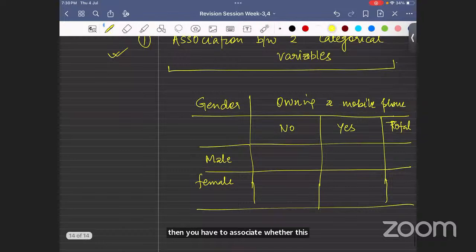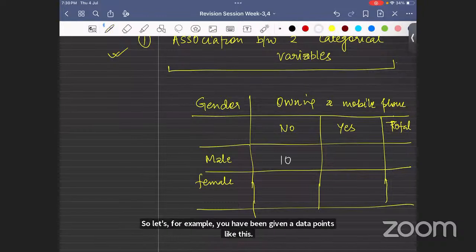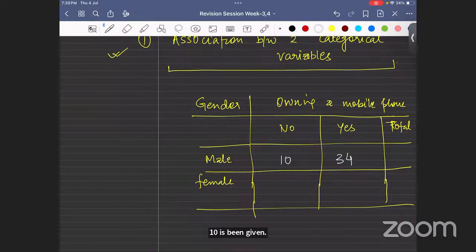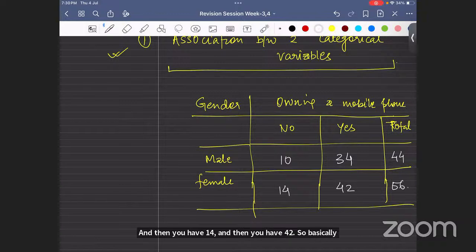Let's say you have been given data points like this. Here 10 is given, 34, and then you have 14, and then you have 42. So basically this is 44 and this is 56. The total numbers you can count as 24 here and 76 here, and the whole number as 100.